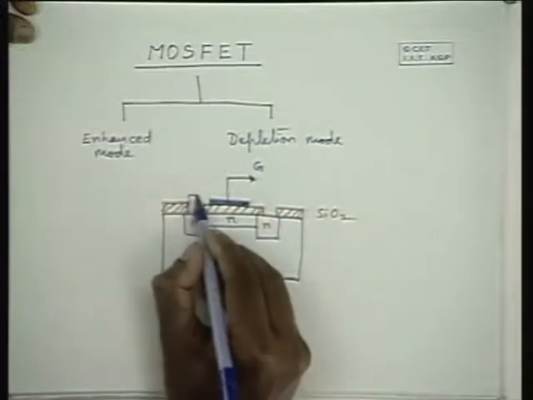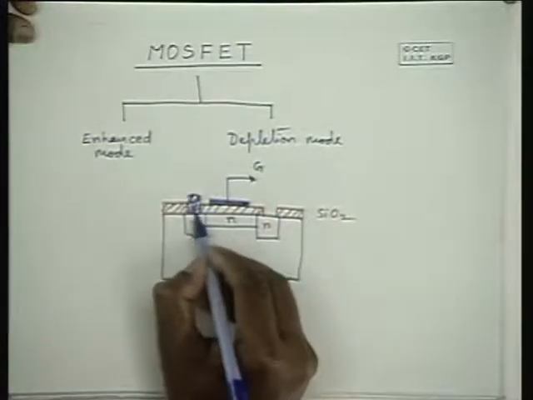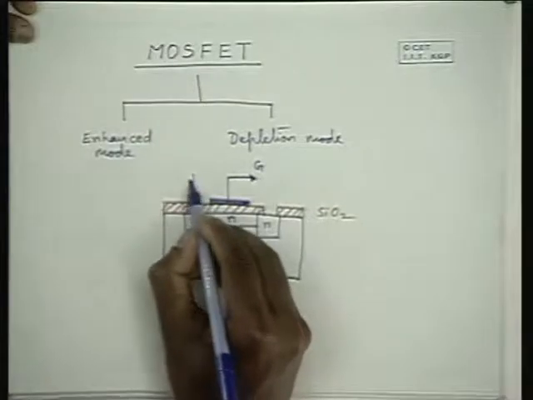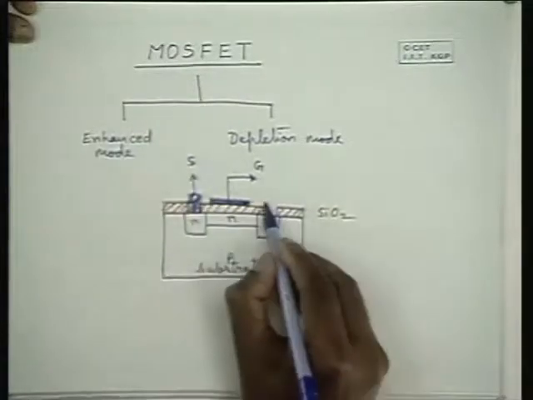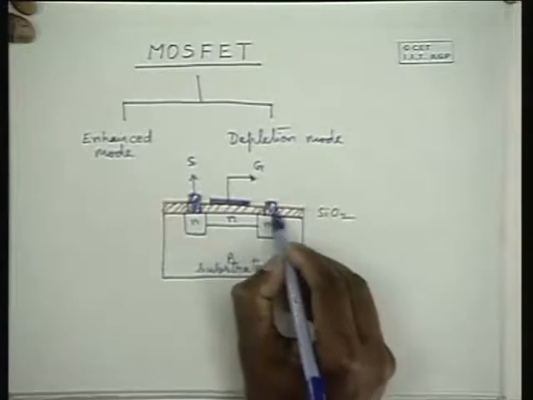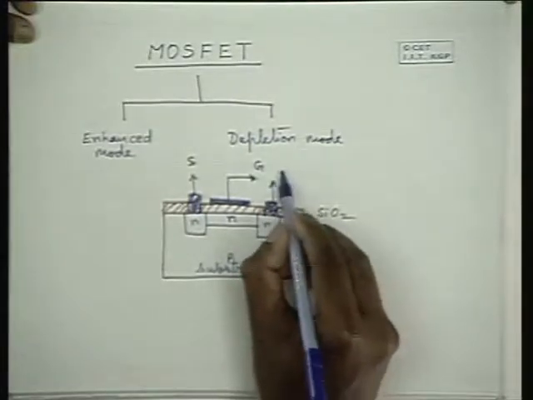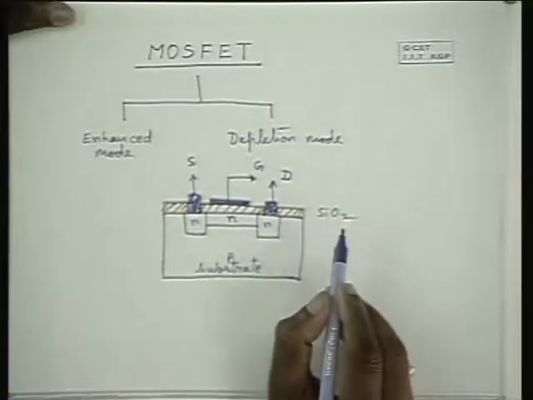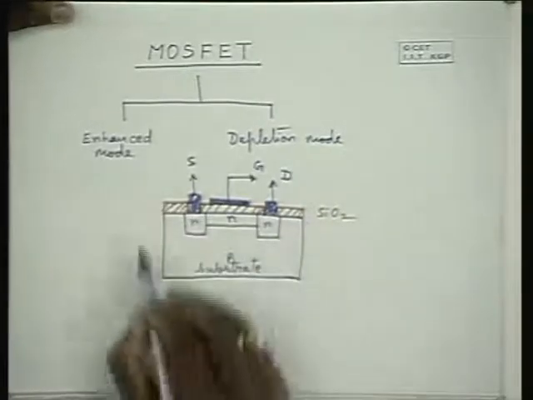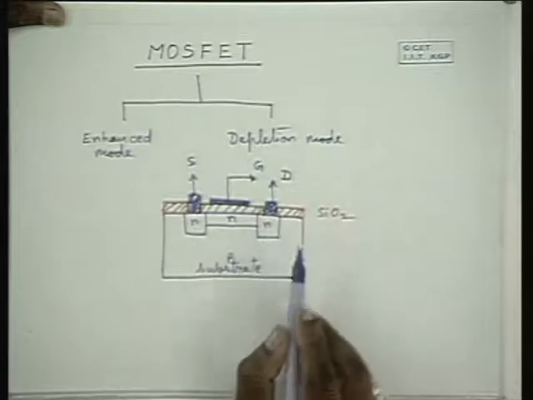You have metallization over here, take it as the source. Another metallization over here and take a lead out, and it is the drain. So this is the construction of a MOSFET.